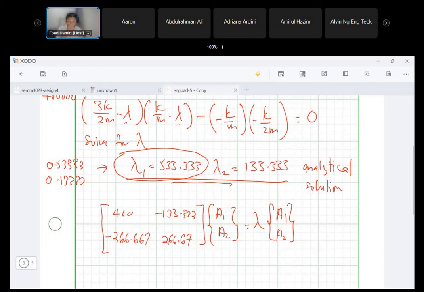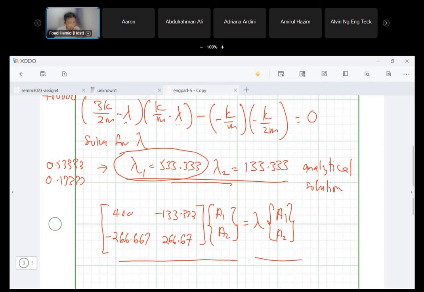Note that this equation says that your left-hand side and your right-hand side must be equal, right?